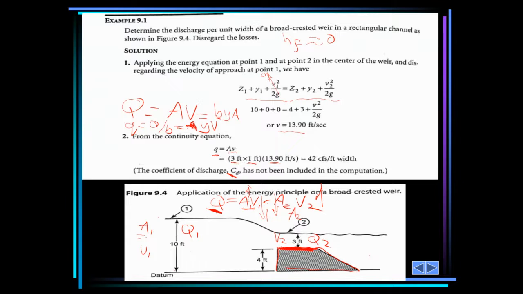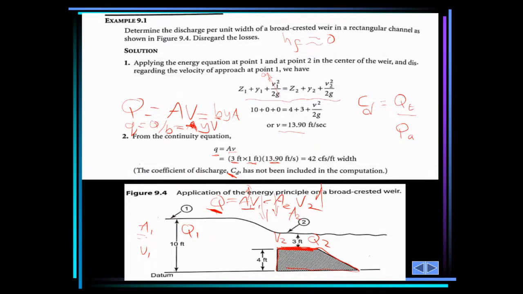For all hydraulic structures, they need to be calibrated. You need to know the coefficient of discharge of the hydraulic structure, and the coefficient of discharge is simply the theoretical flow over the actual flow. It's simply a ratio of the theoretical flow over the actual flow.